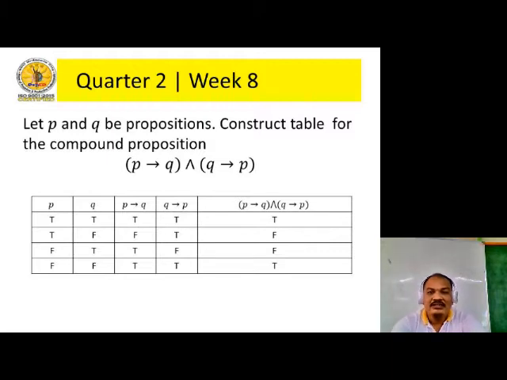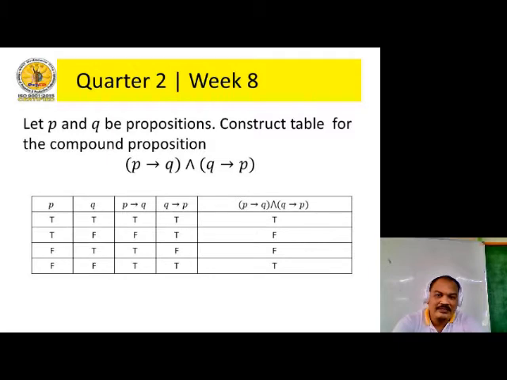Then using the compound proposition, we are going to use the conjunction. The essence of conjunction: once we have a false, then the statement will become false. Otherwise, if both of them are true, then the statement will become true. So we have here true, true will become true.